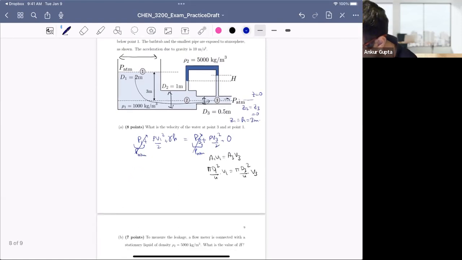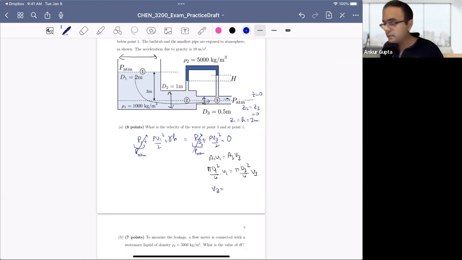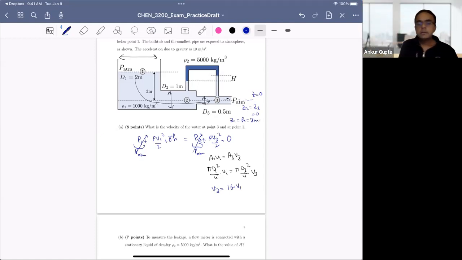So I get that V3 is equal to, there is a difference of 16, almost. It's 4 times difference, right? So V3 is equal to 16 times V1.